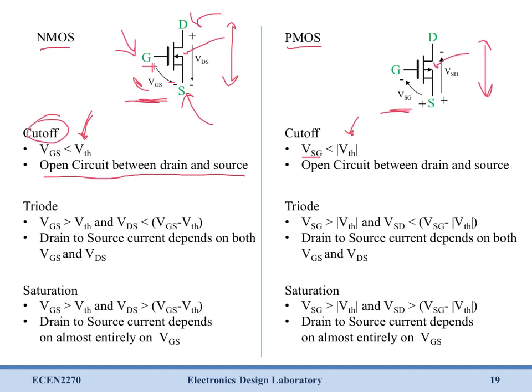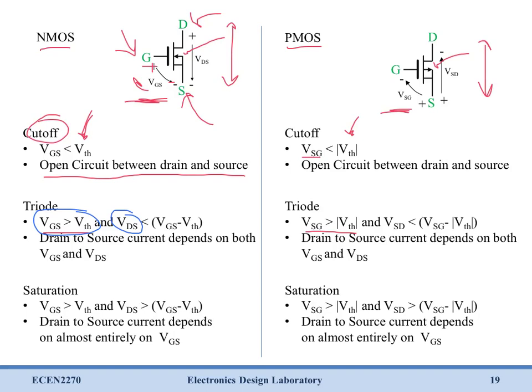Our second region of operation is called the triode region. This is with VGS greater than a threshold, or VSG greater than a threshold. And remember, nothing can happen in a MOSFET unless our gate to source voltage is greater than a threshold. Additionally, for this operation region, we need our drain to source voltage to be less than VGS minus a threshold.